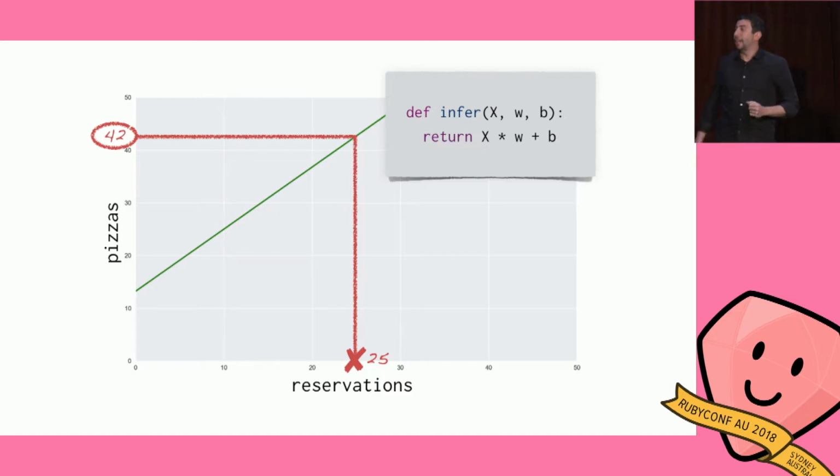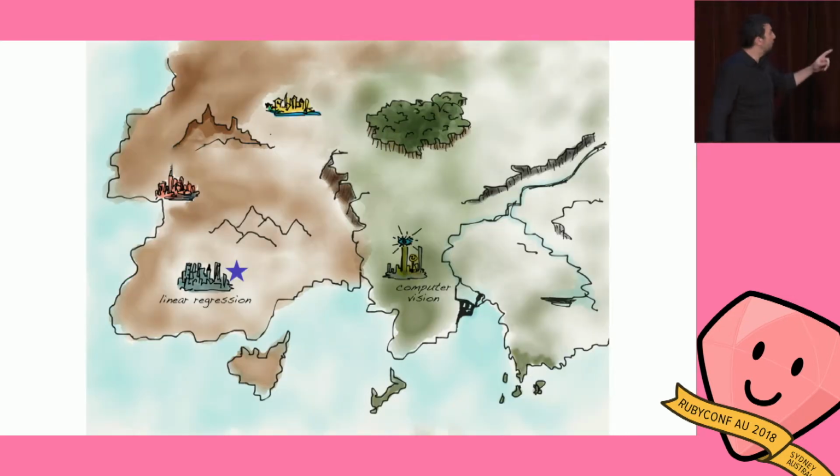Now the point is, how do we go from linear regression all the way to something like computer vision? This is going to be very high level, much shorter than yesterday, but I hope to give you a sense of how we can move from here to there.